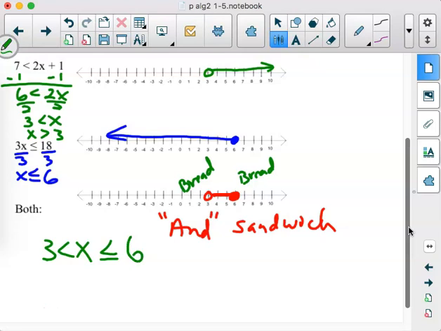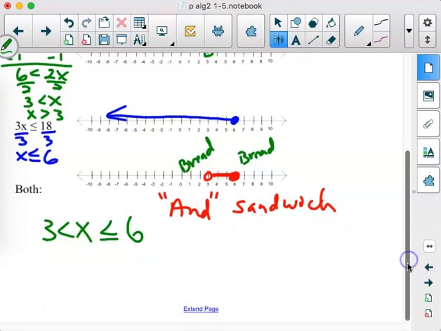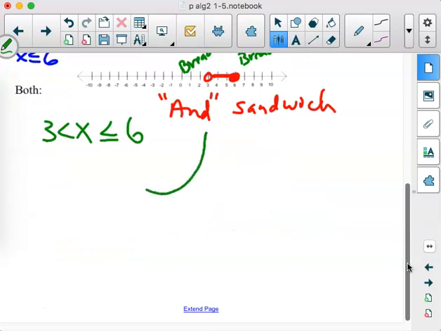So whenever we make an and sandwich, we have to make an and inequality. And it's still the sandwich thing. You know, you got the x sandwiched between the 3 and the 6. And then you notice, well, this one doesn't have an equals bar. Oh, that's right. That was a closed dot. It does have an equals bar on this one because, yeah, 6 is included. Closed dot.